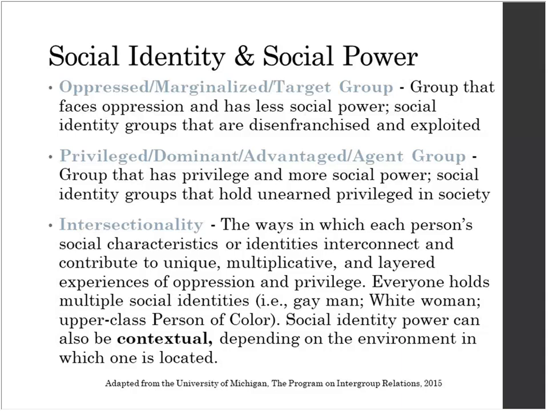What's also important to consider is that because we each hold intersecting identities, there are times when each of us as individuals might have more or less power. So for example, I am currently and grew up as middle to upper middle class in terms of my socioeconomic status. That means that I had and continue to have more socioeconomic power than someone who might have grown up with a lower income status.